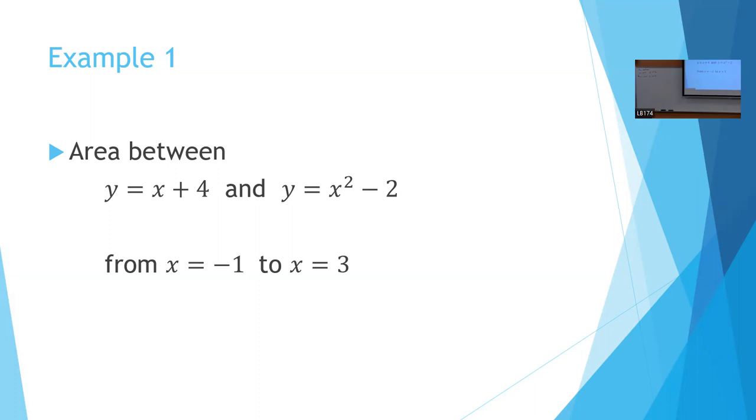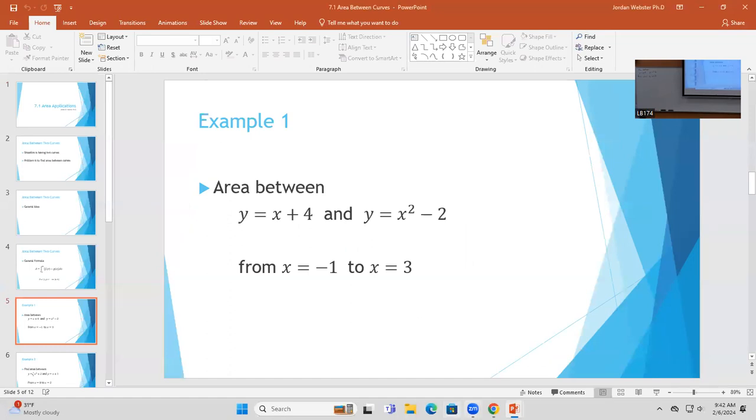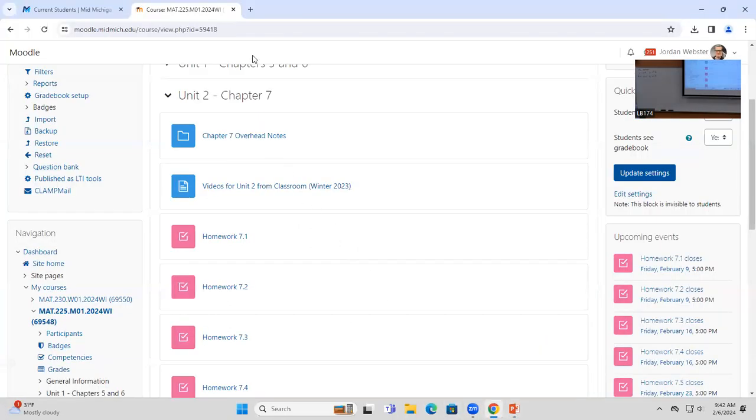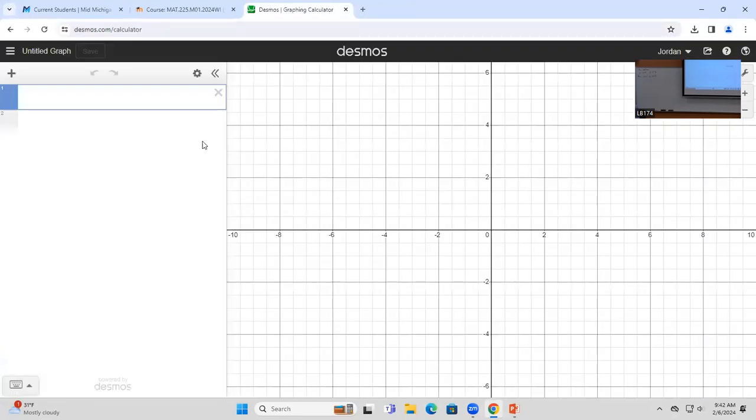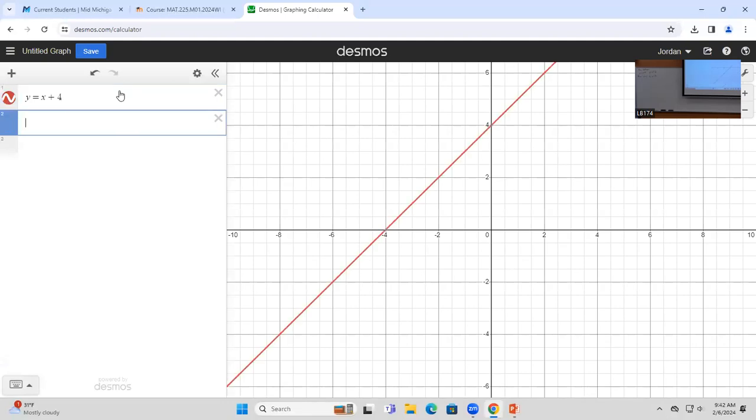Or more likely, you can take your graphing calculator or some other graphing tool like Desmos and just graph them. So that's what I'm going to do. I'm going to take a look at Desmos. Y equals X plus 4 and Y equals X squared minus 2.